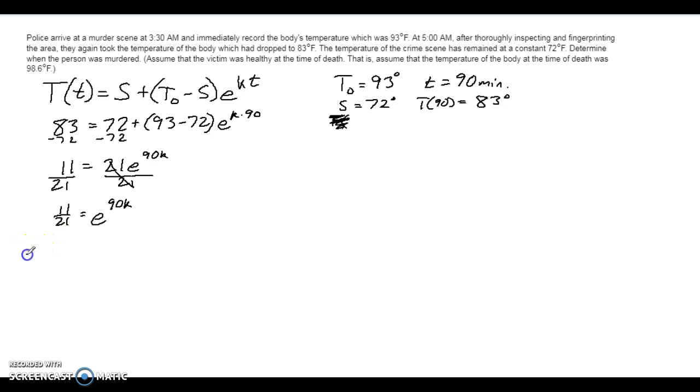Convert this into a logarithmic form. So the natural log of 11 over 21 is equal to 90k, which means k, that's a lowercase k, is equal to the natural log of 11/21 over 90, or as my math lab has been writing this, 1/90 times the natural log of 11/21.